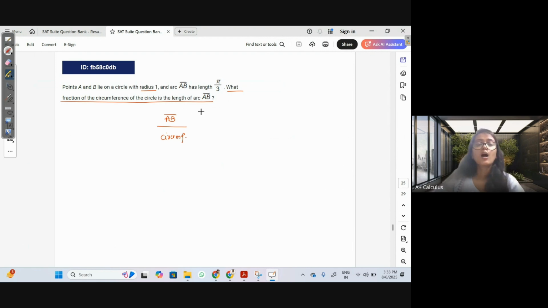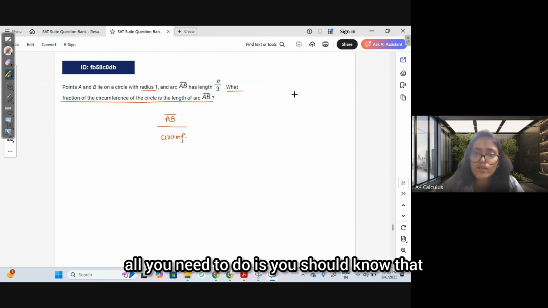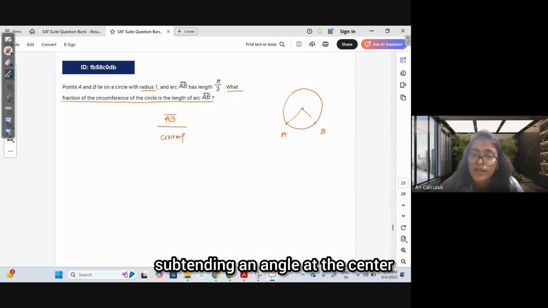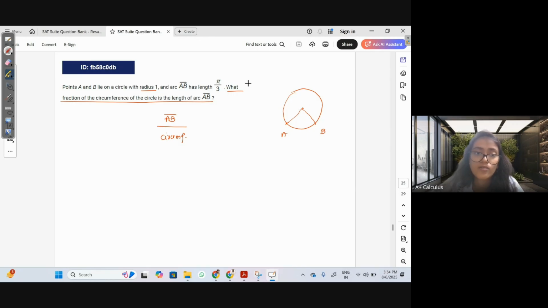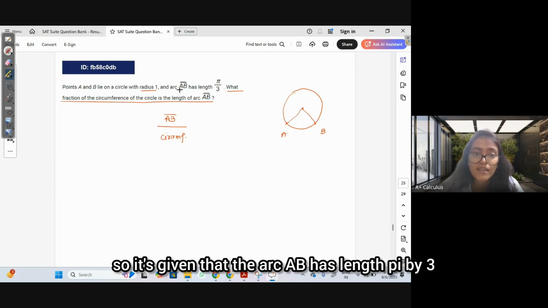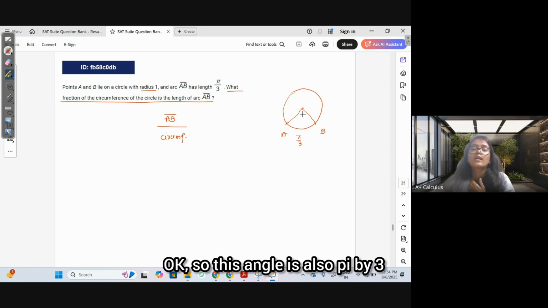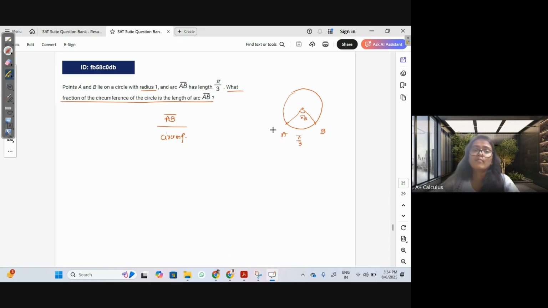For this, you should know that if you have an arc AB subtending an angle at the center, and it's given that the arc AB has length pi by 3, then this angle is also pi by 3. Here it's very easy.